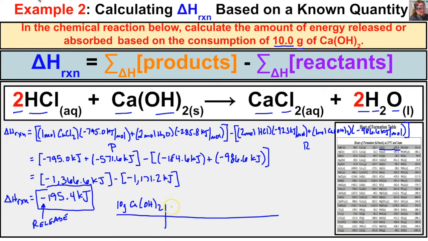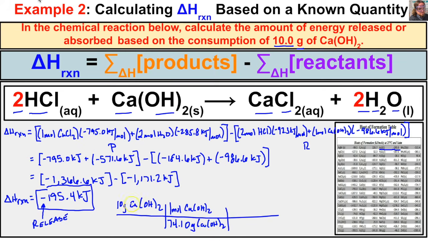So we have to convert this to moles first. We know 1 mole of CaOH2 is going to be equal to 74.10 grams of CaOH2. This is the molar mass of CaOH2 from the periodic table.